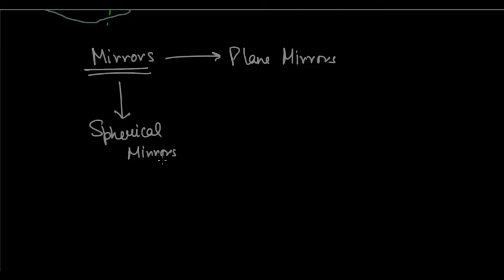Plane mirrors are just plain old mirrors. They are plain surfaces which are smooth reflecting surfaces. For example, this one. You can see that this is a plain reflecting surface, with no change in the structure or shape of the mirror. It's just a simple plain old mirror which we use in our daily lives.